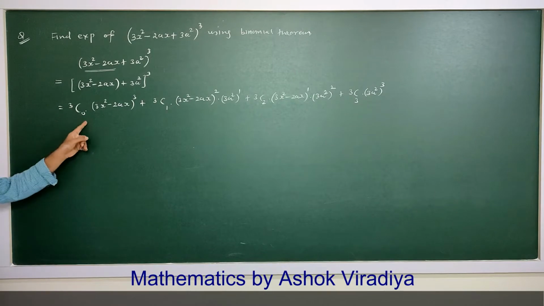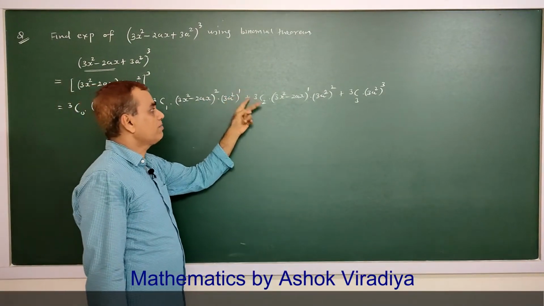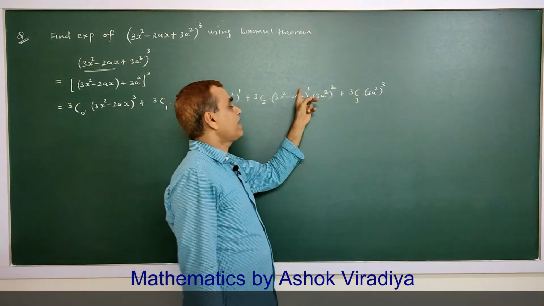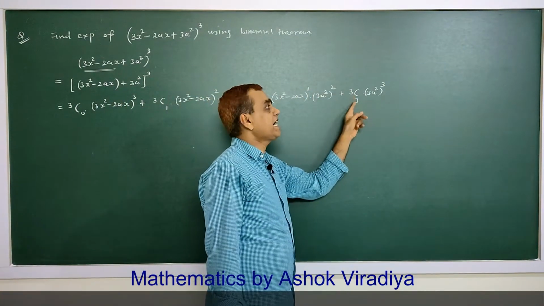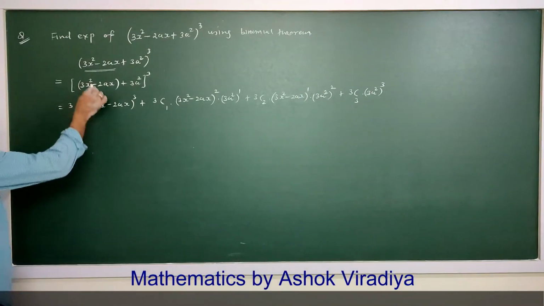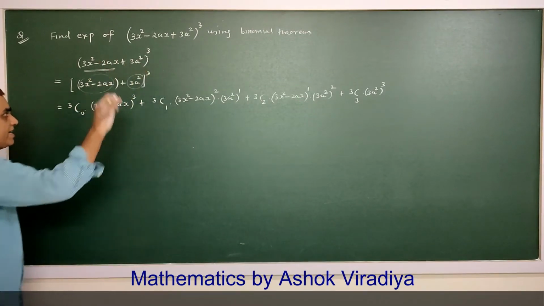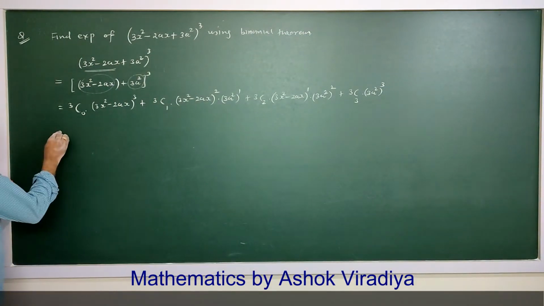So considering this as a, this as b, we applied (a plus b) raised to n. So now 3C0 is 1.